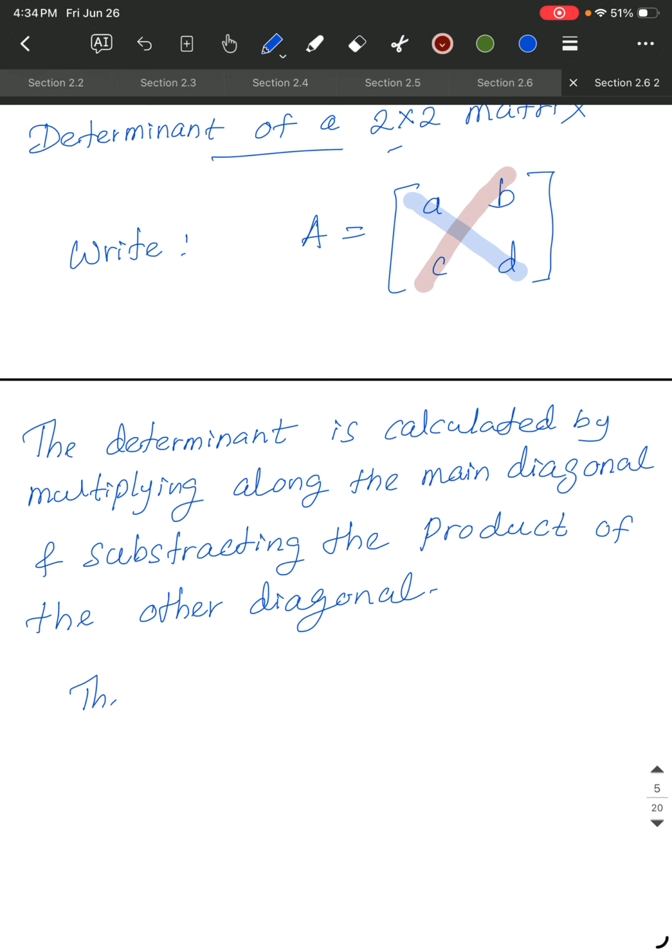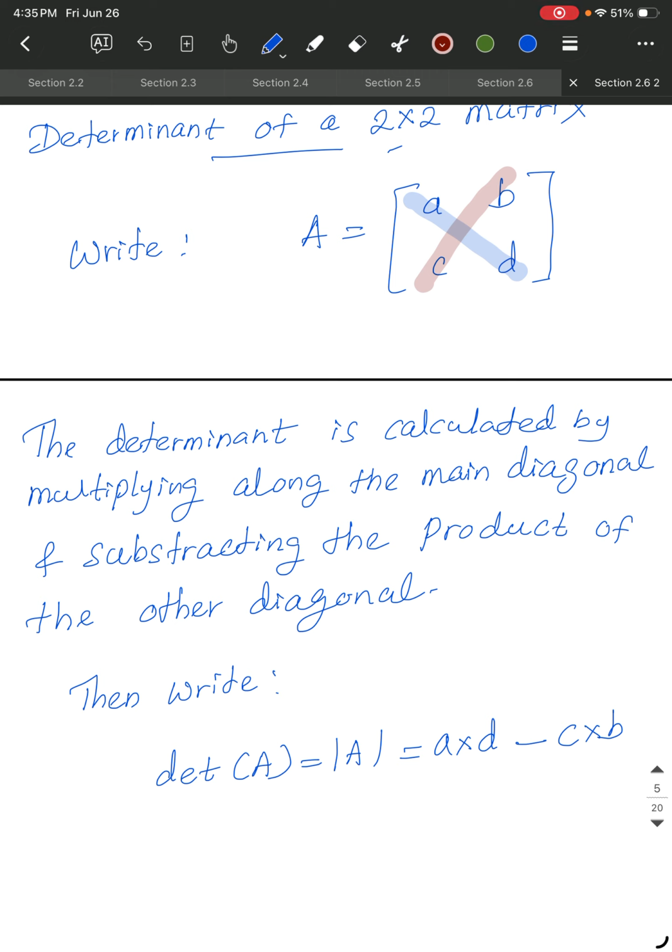So then write the determinant of A symbolically. Multiplying along the main diagonal, A times D, minus the product of the other diagonal, C times B. Be careful, students often forget the subtraction.